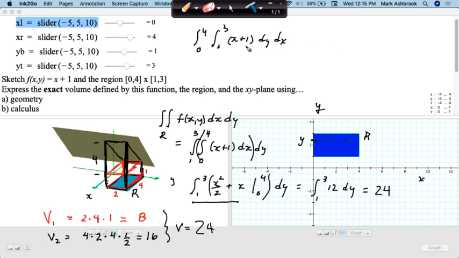Now we're holding x constant as we integrate with respect to y first. So what's the antiderivative of x plus 1 if x is a constant? xy plus y, and we evaluate that from 1 to 3.